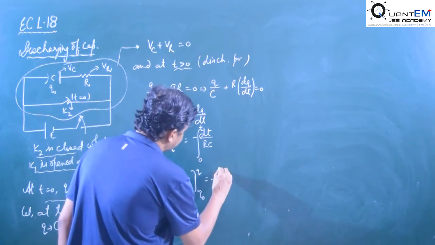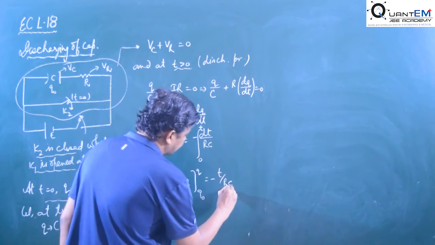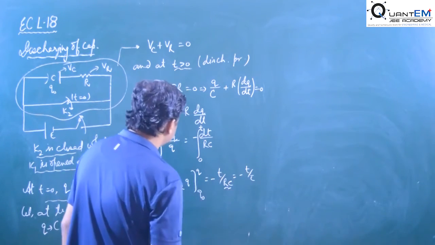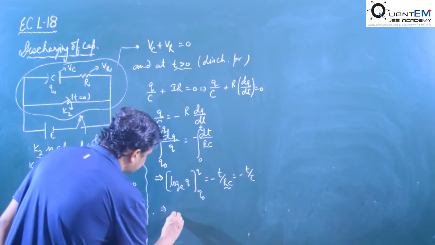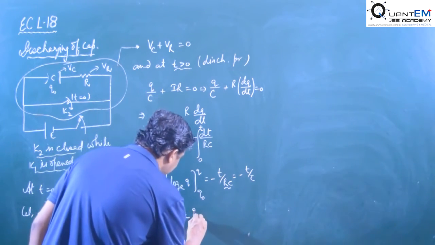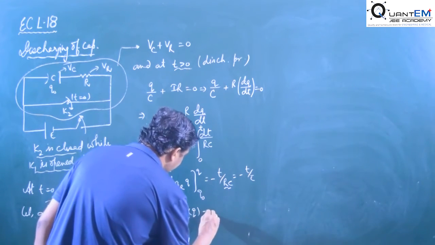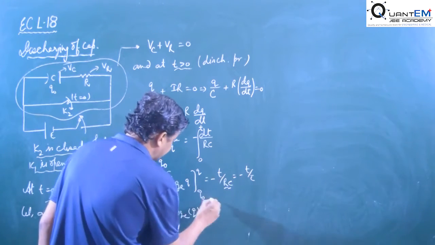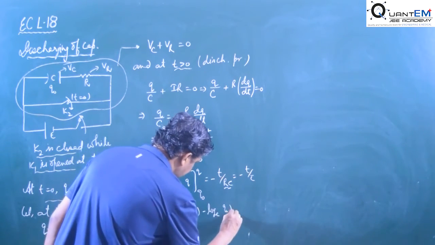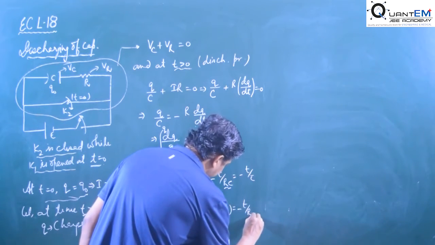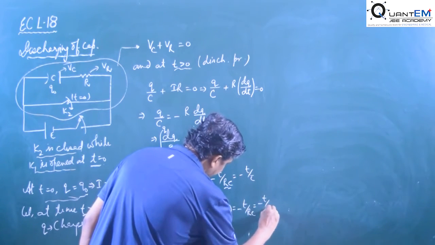Here we have minus t by RC, and RC is also tau, that may also be written as minus t by tau. You may write it as final limit minus the initial limit, that is equal to what? Minus t by RC, that is also minus t by tau.